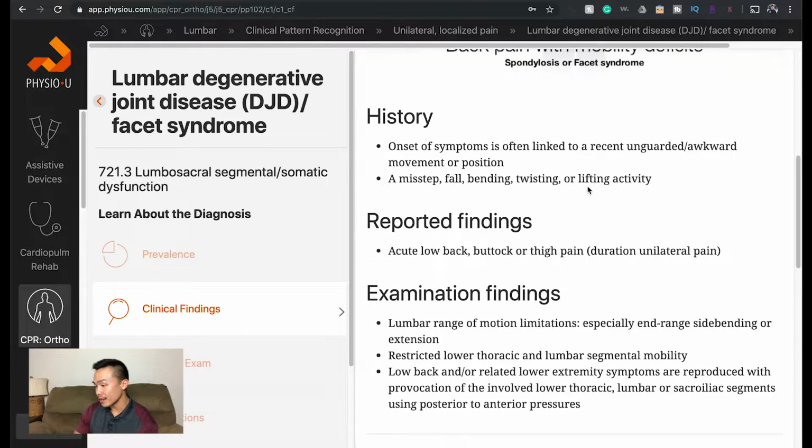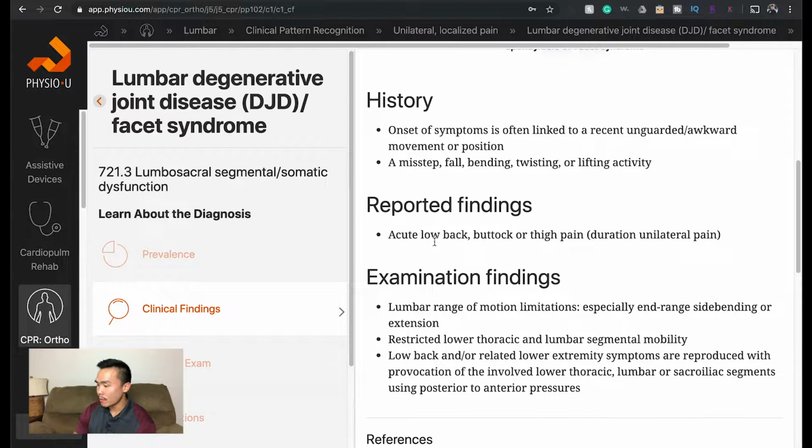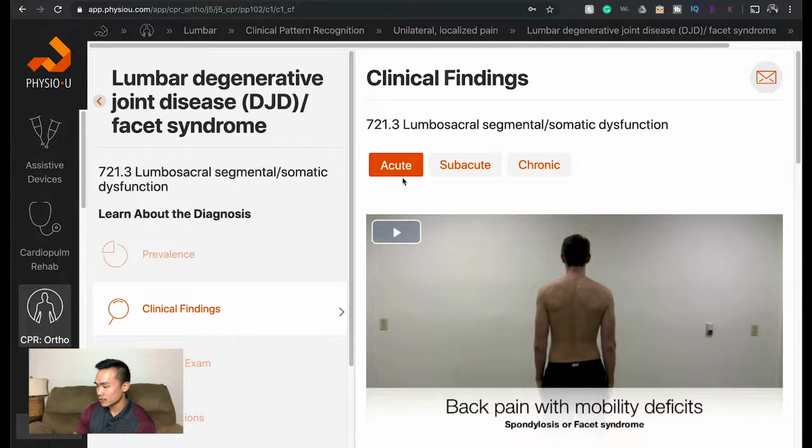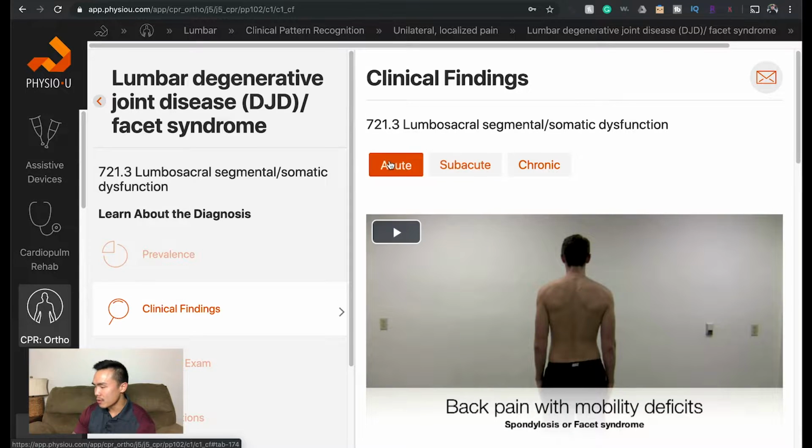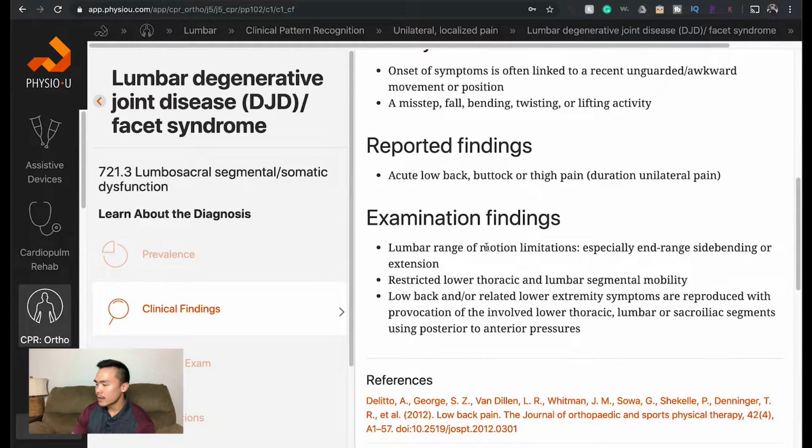Sounds familiar, right? Reported findings: acute low back pain. Remember, we're in the acute section, since there's acute, subacute, and chronic, but we're in the more acute stages right now. Reported findings: acute low back pain, buttock or thigh pain, unilateral pain.